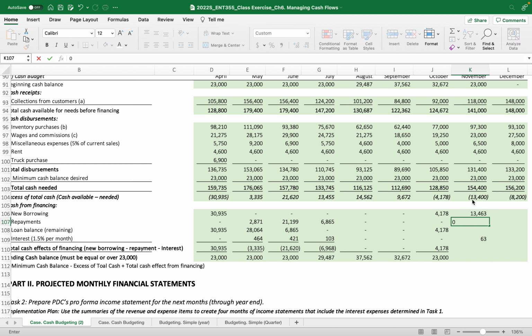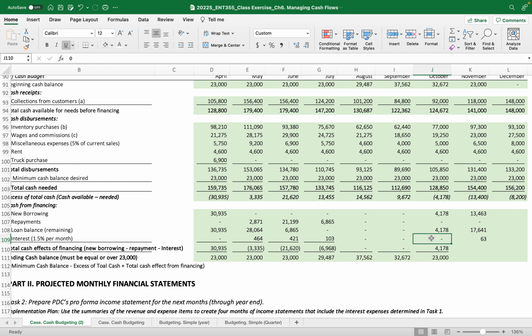So there's no repayment. That's why we borrow money. And then the 4,174. How do you get this number? Right here, this 4,000. Now sum these two up, and the new borrowing. So the new loan balance is 17,640.